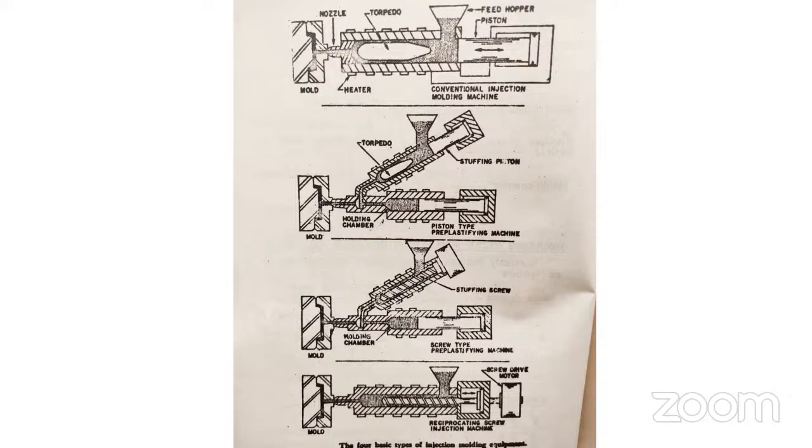The process of plasticization is very good, excellent. The mixing of the material or color is also excellent. And hand operation, semi-auto operation, and auto operation can be easily possible with this machine. Also, it is a microprocessor based machine.